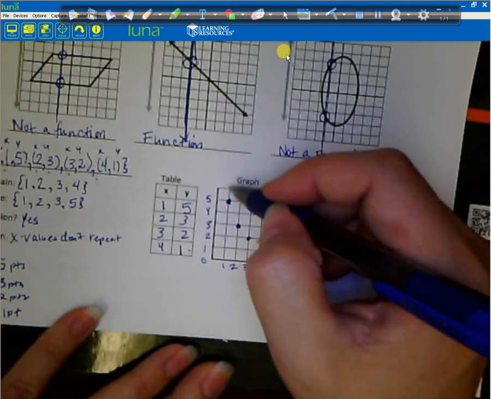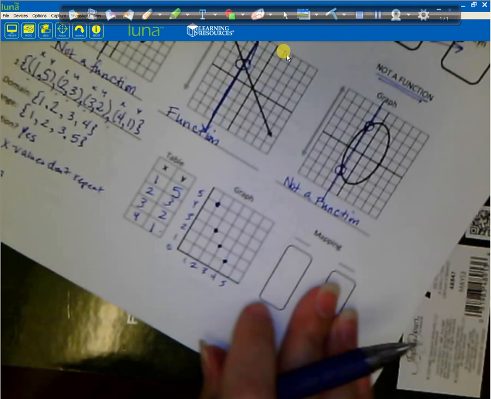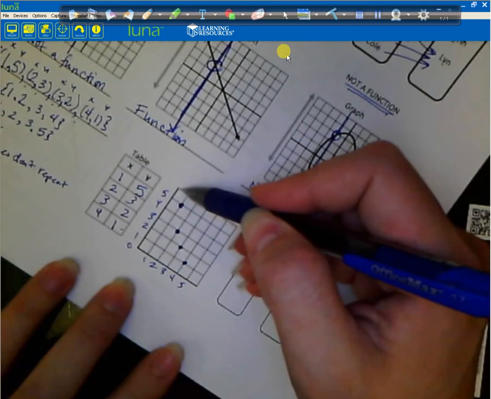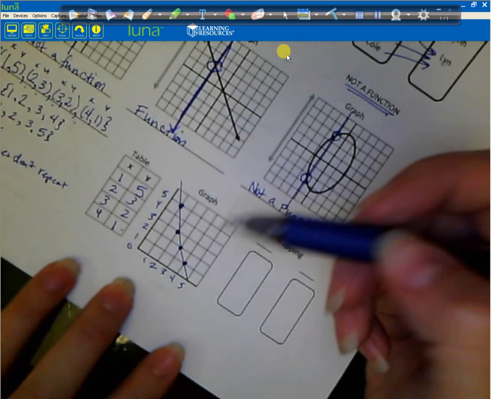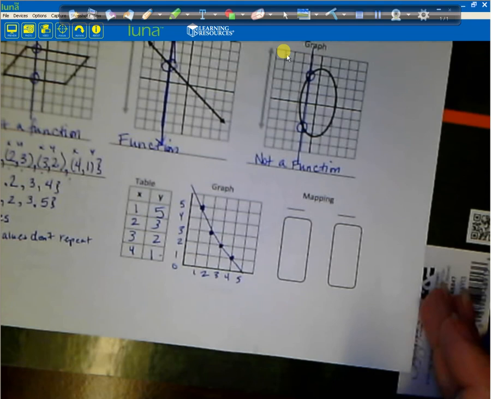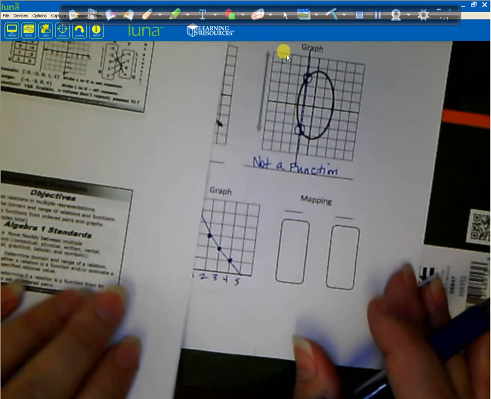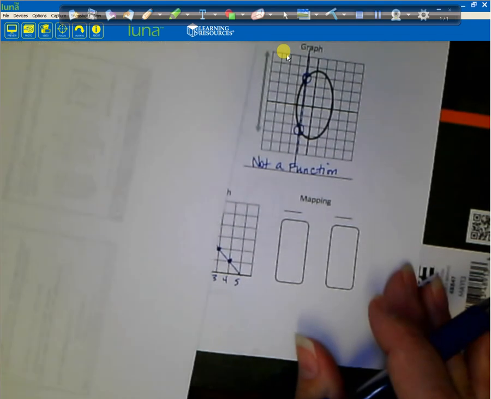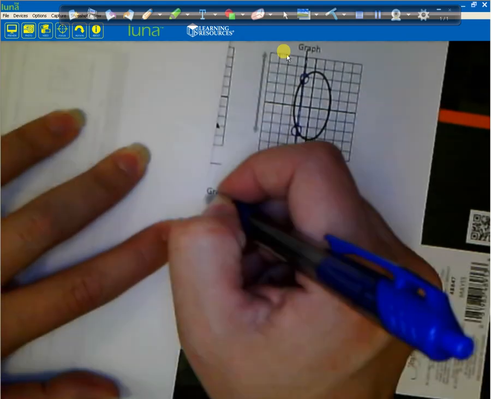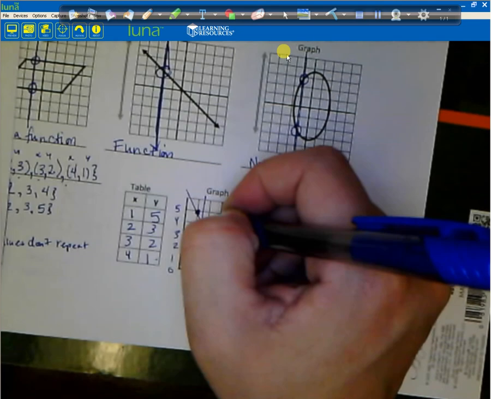I can draw a line. And no matter where I draw a vertical line on this graph, it's never going to cross 2 points at once. So I can draw a line anywhere I want, and it's still going to pass the vertical line test. So I'll draw a line right here. Show you that it only crosses 1 time.